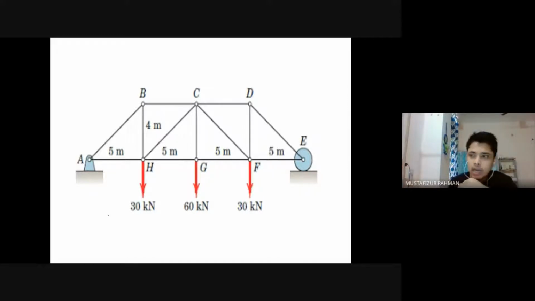How? Because when we are designing the bridge, we will know what type of vehicle will be moving through it. We will go for the maximum intensity of load that the bridge may have to face in its lifespan. That load we will take and apply in our analysis.